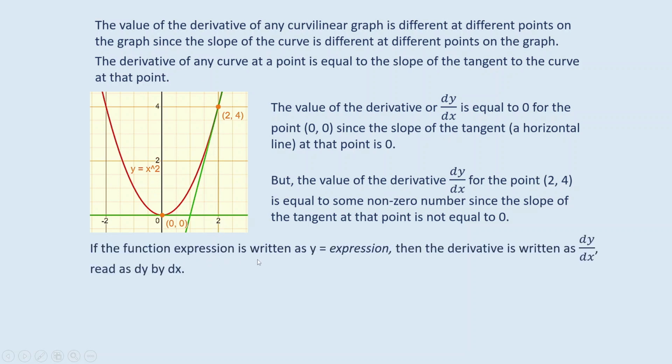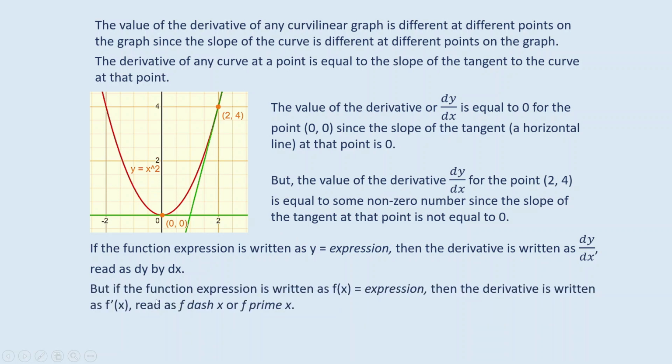If the function expression is written as y equals some algebraic expression like y equals x squared, it may be a constant as well, like we have seen y equals 2. Then the derivative is written as dy by dx, which we are seeing so far, and is read as dy by dx.